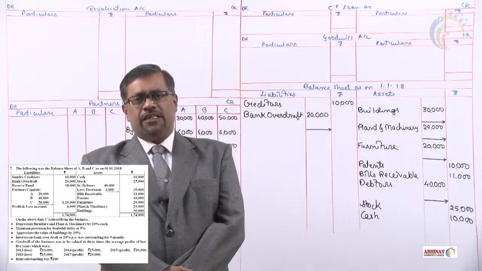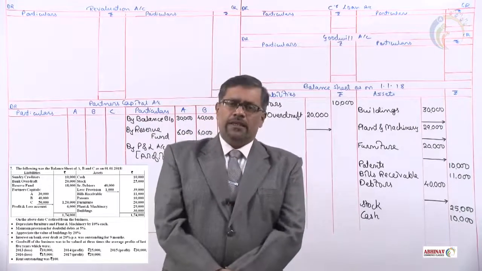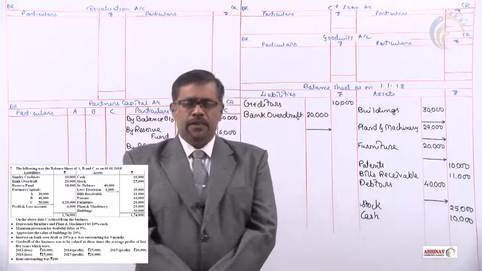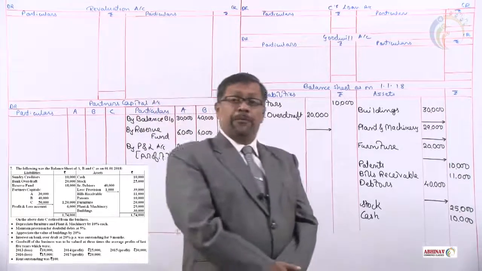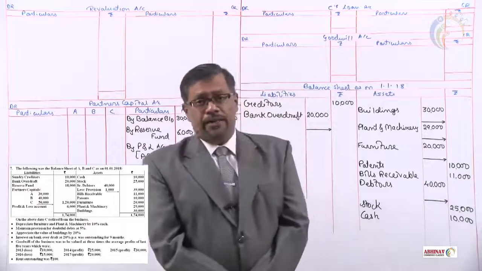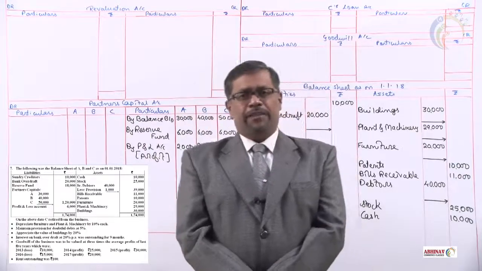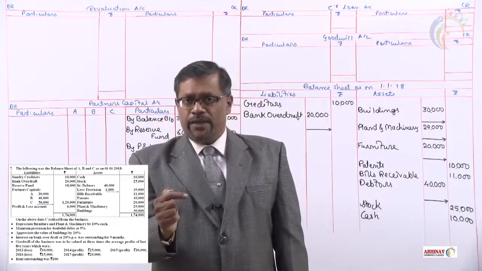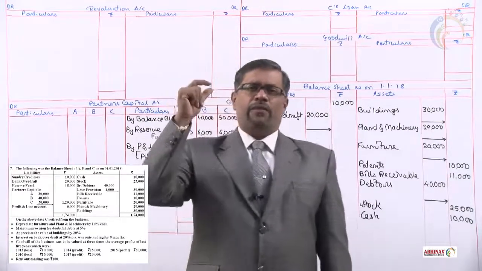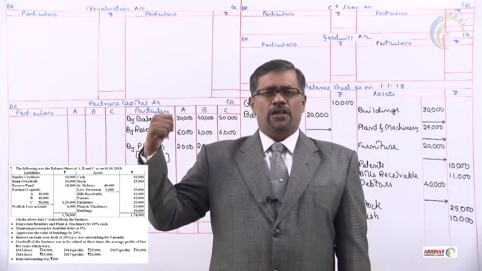Now let us take up the adjustments. On the above date, that is 1-1-18, C retires and the following adjustments are made. Depreciate furniture and plant and machinery by 10%. Depreciation decreases the value of an asset. Decrease in the value of an asset is a loss.